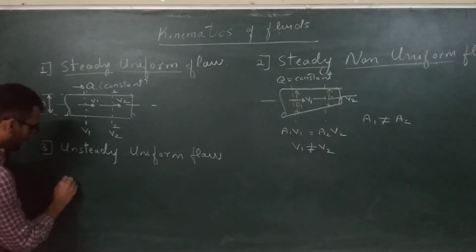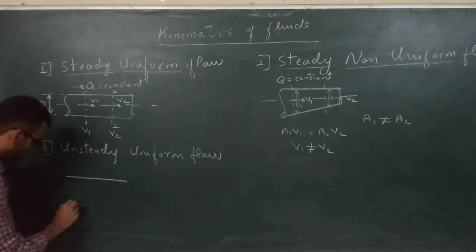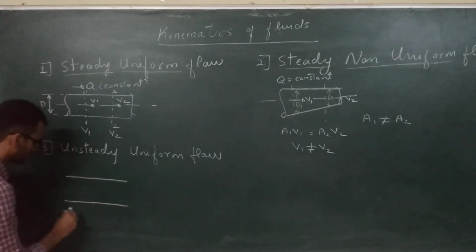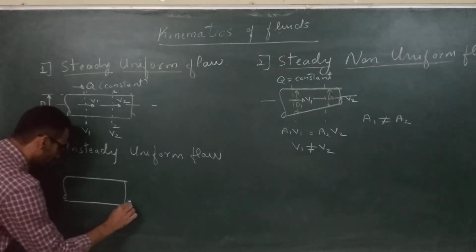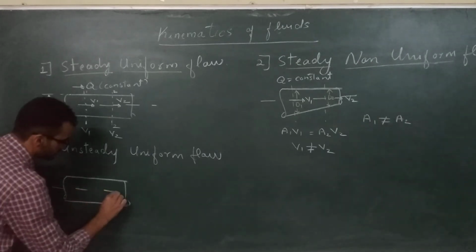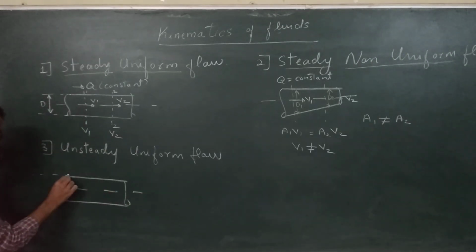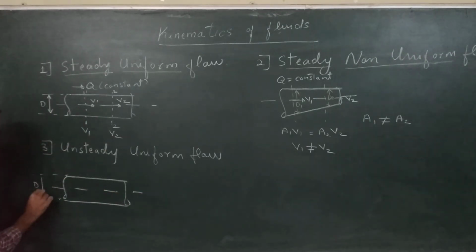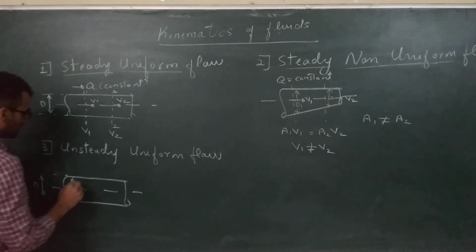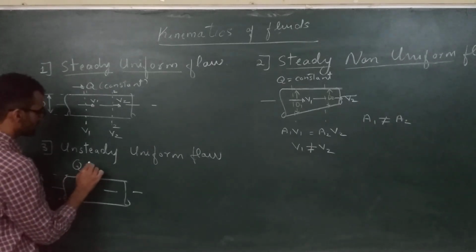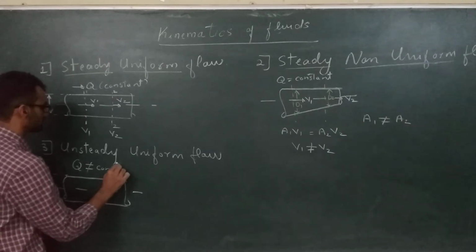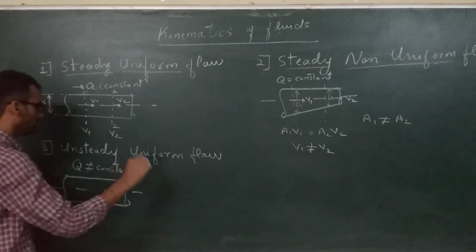So you take a pipe of constant cross section, so D is constant, but you change the discharge, Q is not constant. How can you do that?